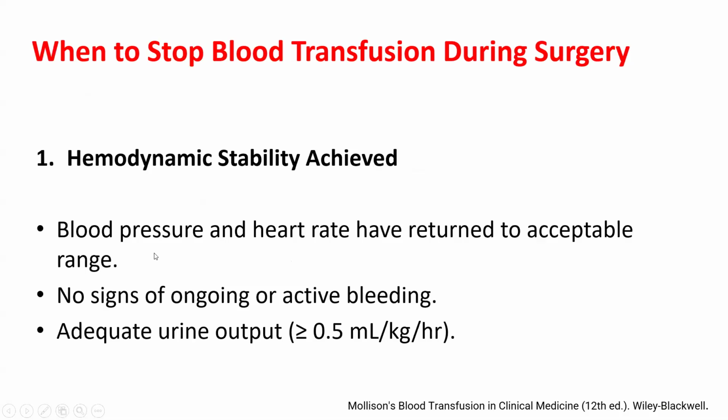In hemodynamic stability, we check for blood pressure and heart rate in normal range, no signs of ongoing or active bleeding, and adequate urine output, that is greater than or equal to 0.5 ml per kg per hour.